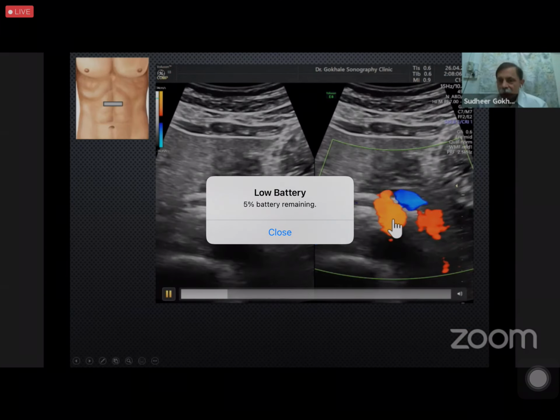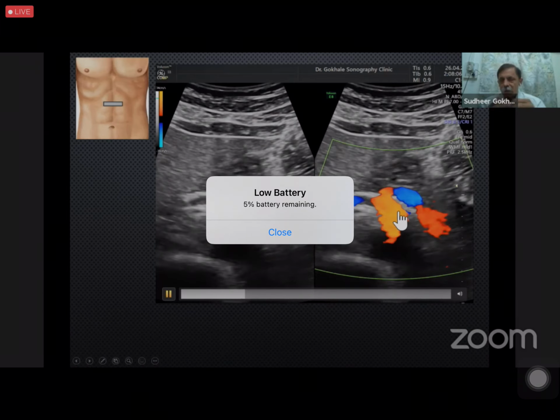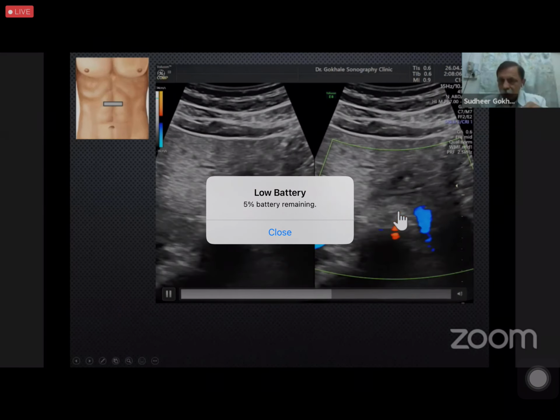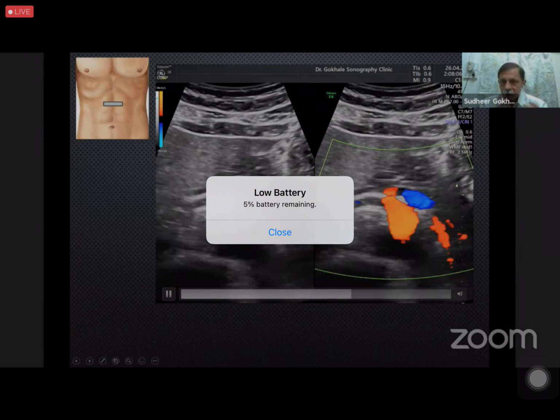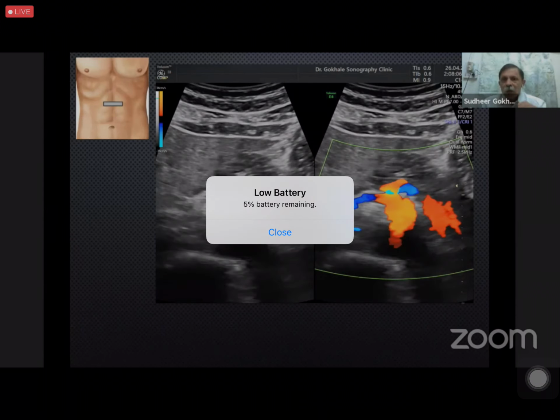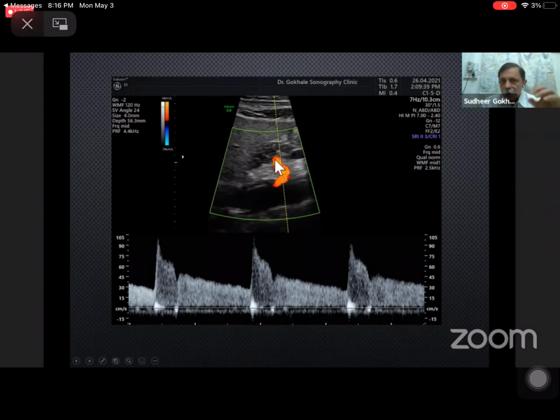That is because the direction of flow is away from the probe in these two arteries, as they branch off and curve backwards before coursing to the right and left side. That is normal. And then we will sample the flow by using pulsed wave Doppler in the celiac trunk.